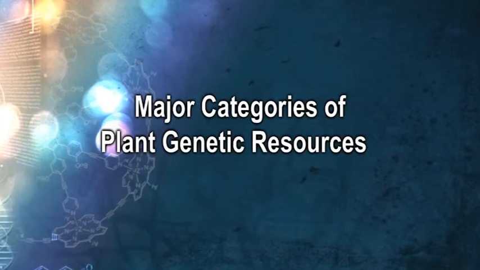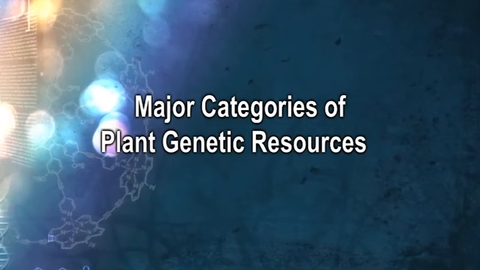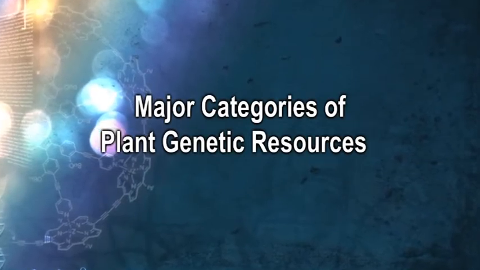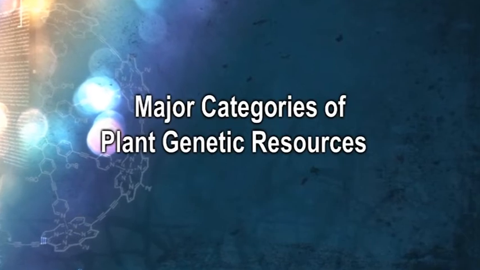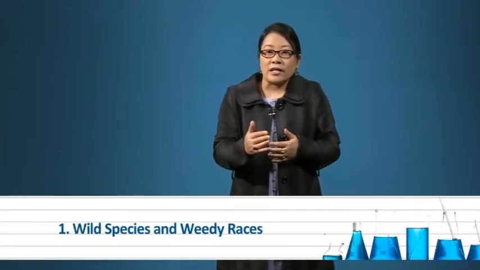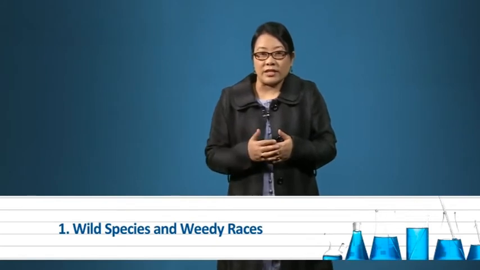Let us now learn about the major categories of plant genetic resources. Plant genetic resources of cultivated plant species may be broadly grouped into the following categories. The first one are the wild species and weedy races.